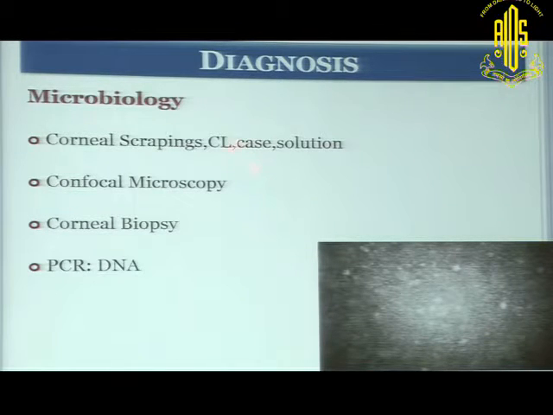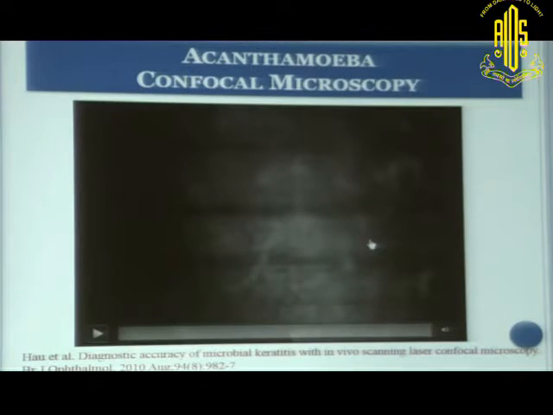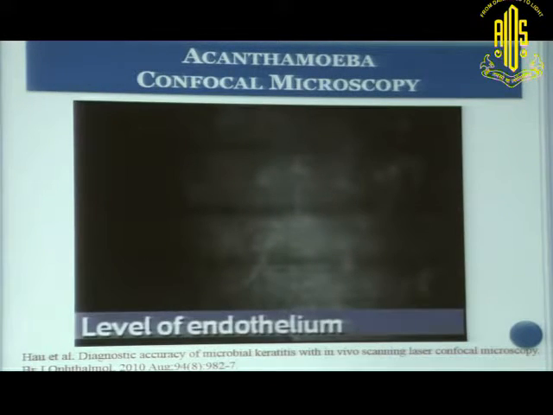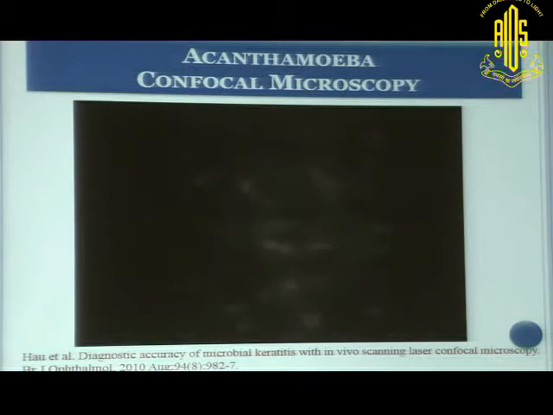The contact lens, if somebody is using one, can be sent for culture, as well as the contact lens case, the solution, confocal microscopy, biopsy, and PCR. Confocal is very useful in Acanthamoeba keratitis, and in many series, people have started therapy based on confocal findings. You typically see a thickened nerve.